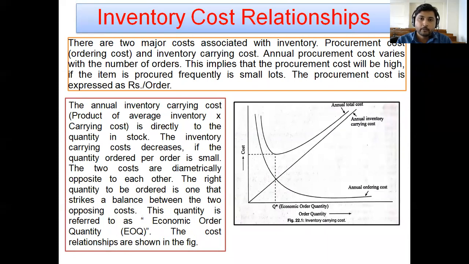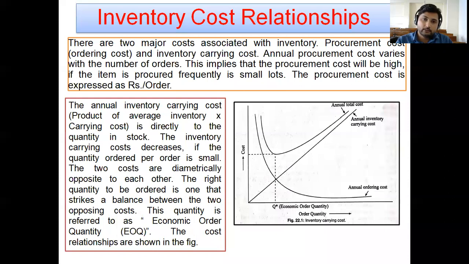Now what will happen? Now here the inventory will not be stocked for a long time period, but the number of orders to purchase the 1 lakh quantity will get increased.